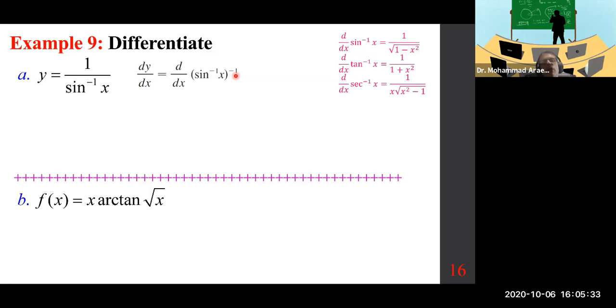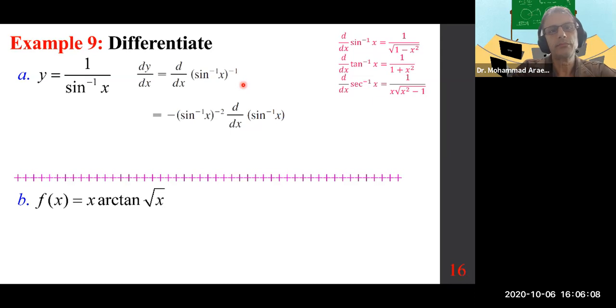So how do we differentiate that? Let's quickly look at the concept. You remember the extended power rule. This exponent sits in front, and then you write the same thing to the power of 1 less. So this becomes to the power of -2, okay? So this sits in front, then the same thing remains, and the exponent goes down by 1: -1 minus 1 becomes -2. By the chain rule, we then write the derivative of the inside. I hope you see that.